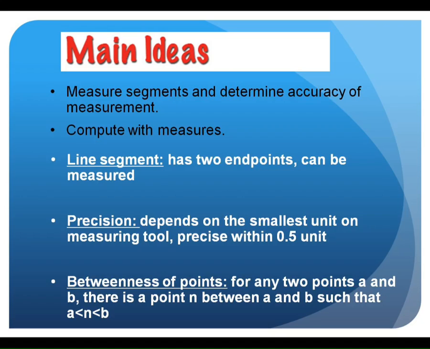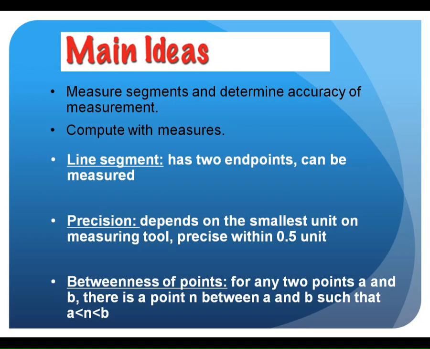You know, a half of an inch, and usually under half of an inch there's a smaller one, which would be a fourth of an inch, a quarter of an inch, and then under a quarter of an inch sometimes there's an eighth of an inch, and then under an eighth of an inch sometimes there's 16th. And then if you had this really precise ruler or this really good ruler, you might have 1/32 of an inch. Okay? So we're going to talk about the smallest measurement on a ruler. That's going to help us determine precision.